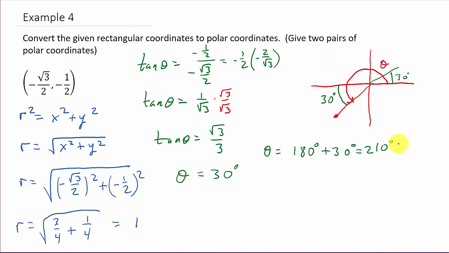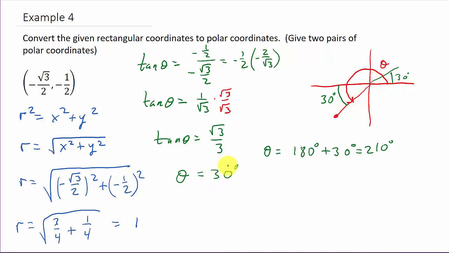And hopefully you can see how important it is to draw this, because if we hadn't drawn this and had just gone based on what theta was here, we would have ended up putting 30 degrees as our answer. So that's why you've got to draw this out.